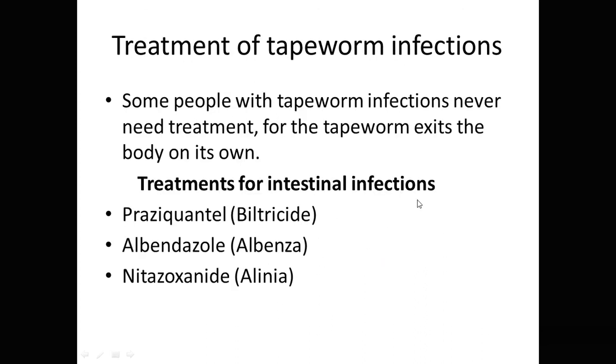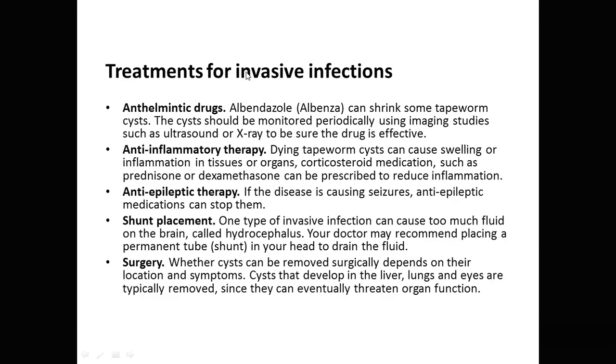And in general, for treatment, antiparasitic drugs are used that are listed here. The treatment for invasive infections like cysticercosis or hydatid cyst includes antihelminthic drugs, anti-inflammatory drugs, anti-epileptic therapy, because the CNS can be involved, shunt placement to drain the fluid, and surgery to remove the existing cysts.